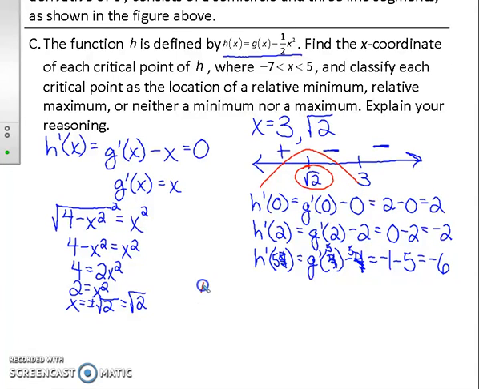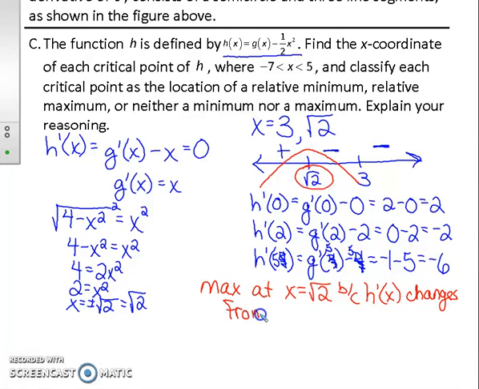So we would have a max at x equals the square root of 2 because h prime changes from positive to negative here. And then you do actually have to say no max or min at x equals 3.